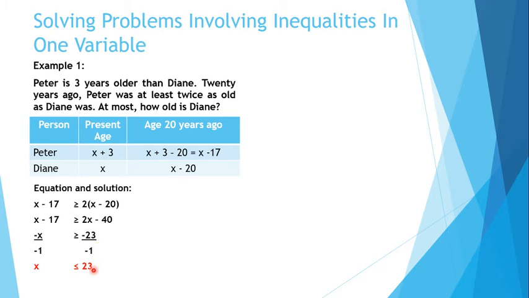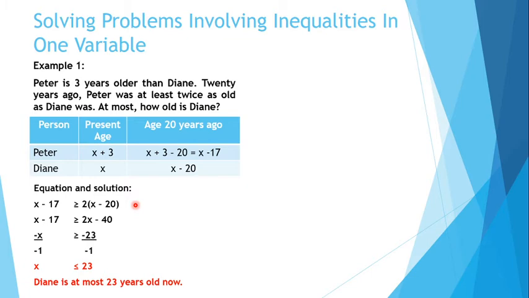So class, this means that the age of Diane should be less than or equal to 23 for us to satisfy this inequality. Okay? So we must find a number that is 23 or less than 23 for the inequality to be satisfied. Now, again, Diane is at most 23 years old now.